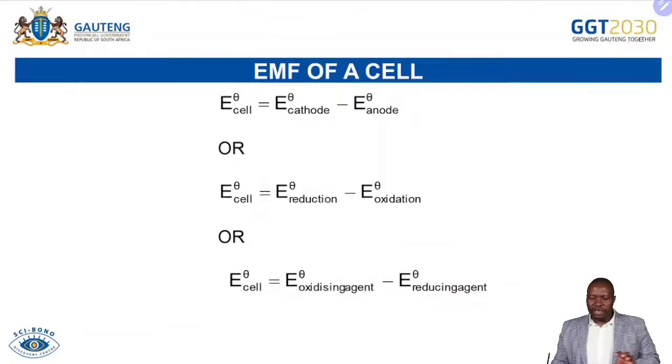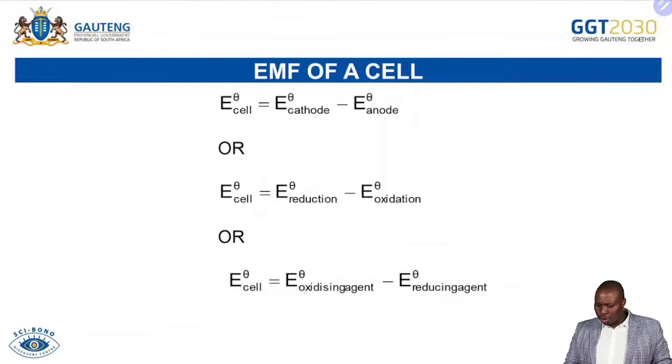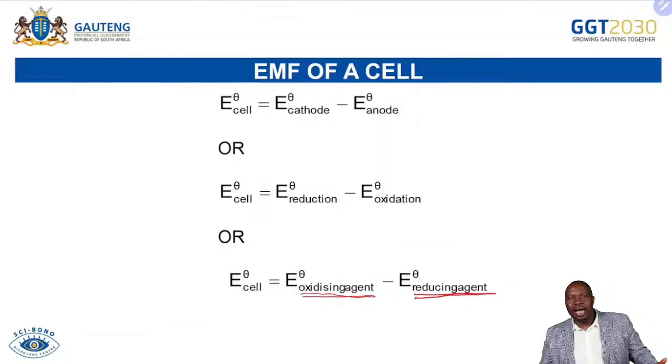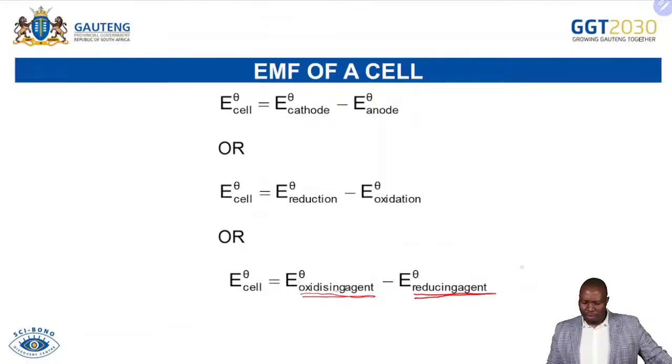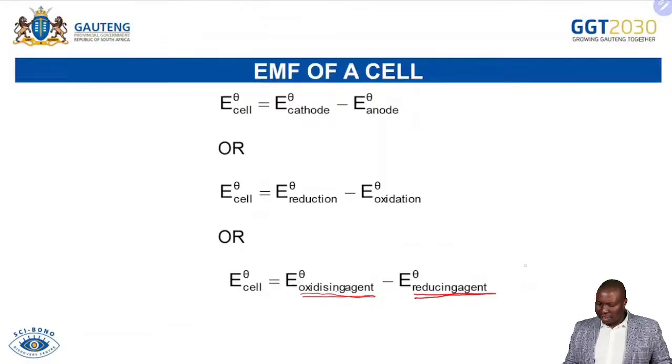Now, I wanted to finish by emphasizing this one: remember, in terms of a galvanic cell, we said it's the strong oxidizing agent and strong reducing agent that are involved in the reaction. So when you know the standard reduction potentials for the strongest oxidizing agent and the strongest reducing agent, you are able to substitute them there, and your answer must be positive.